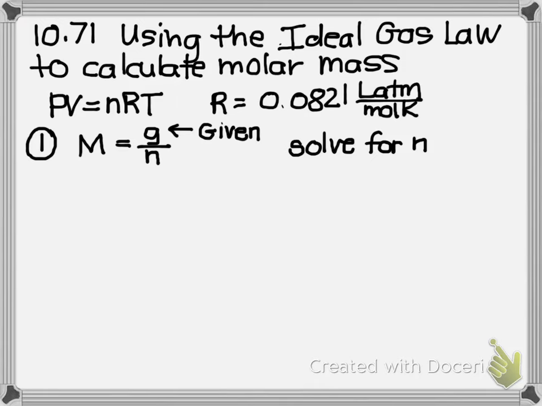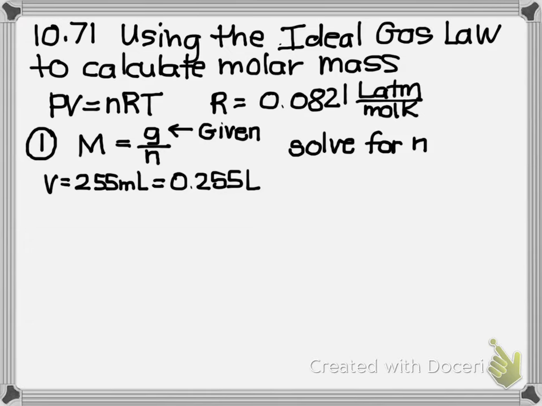It says a chemist isolated a gas in a glass bulb with a volume of 255 milliliters. I know for the ideal gas law I have to use liters, so I move the decimal 3 places to the left.